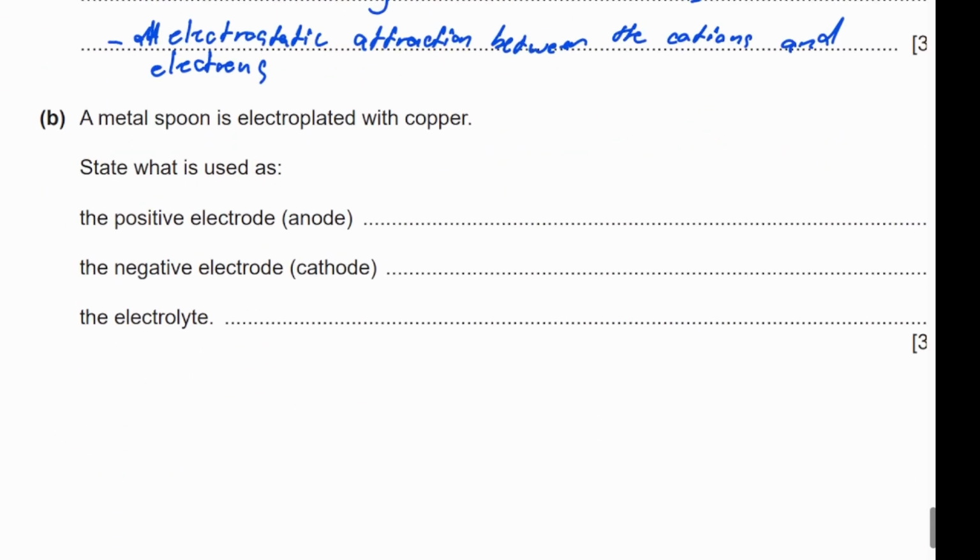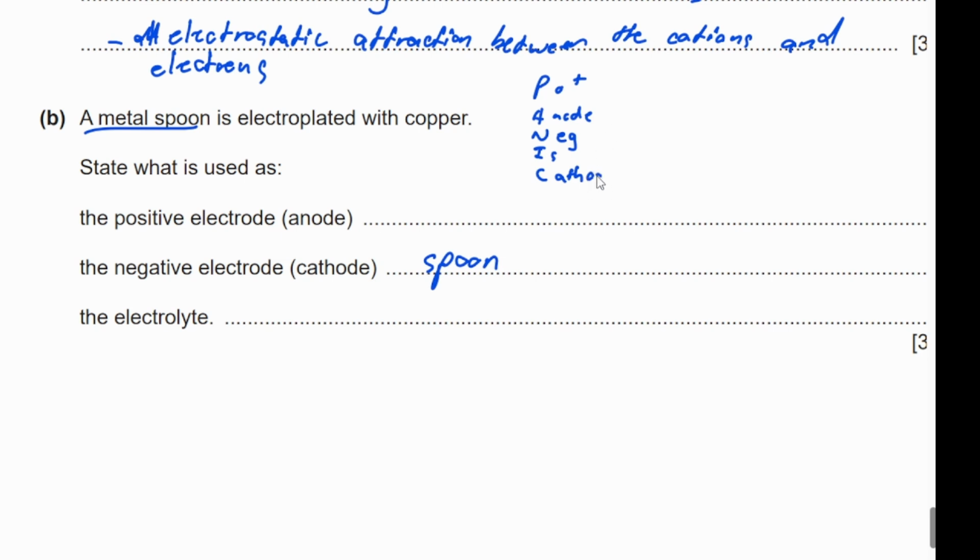Okay. B. A metal spoon is electroplated with copper. State what is used as a positive electrode, negative electrode, and electrolyte. So the thing you want to electroplate, in this case a metal spoon, will always have to be the cathode. Because if you use the acronym PANIC: positive anode, negative cathode.